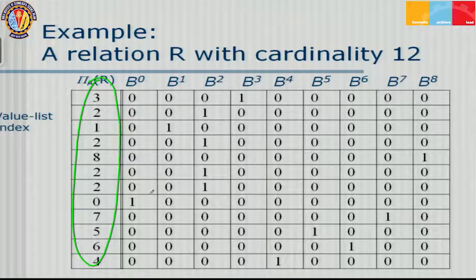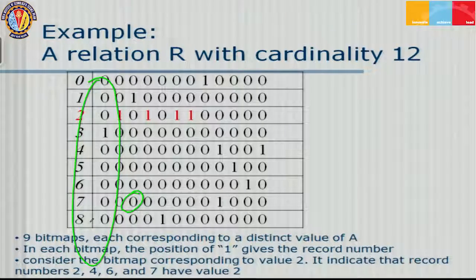B0 tells me that this particular record has the value 0, and so on. This is called a value list index, and this is a more commonly used representation. There will be 9 bit vectors or 9 bitmaps, each corresponding to a distinct value of A, and in each bitmap the position of 1 gives the record number.